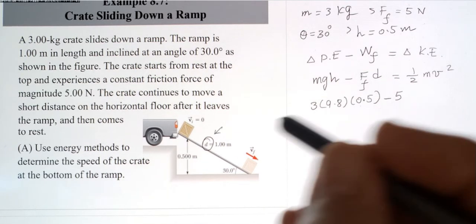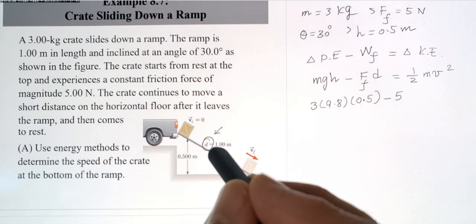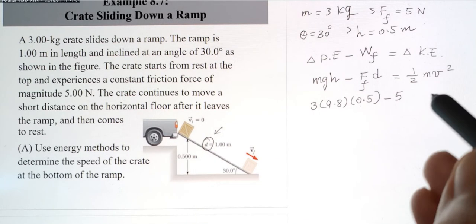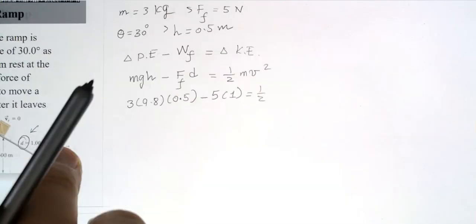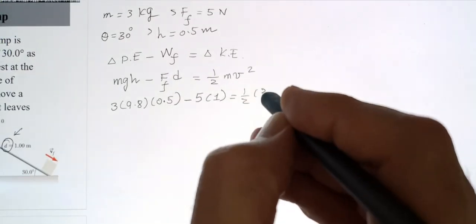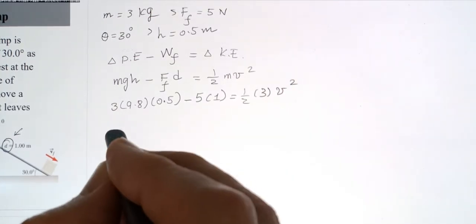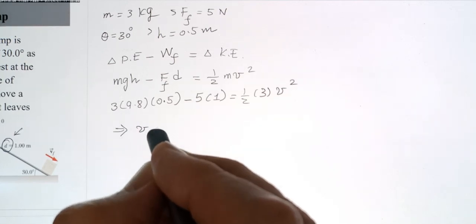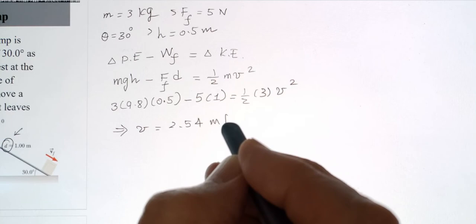Even if he doesn't give you the value of d, you can determine that. So you do the calculation, v will be 2.54 meters per second.